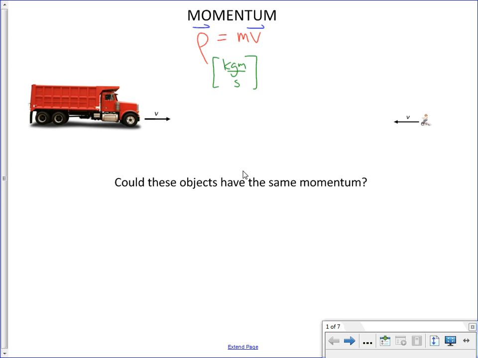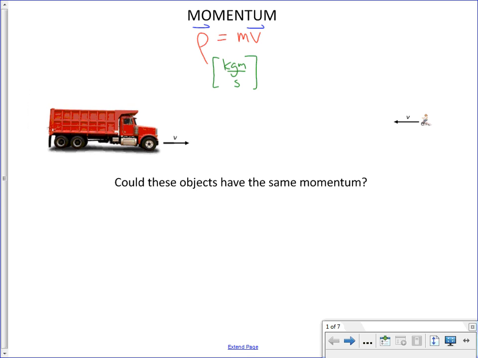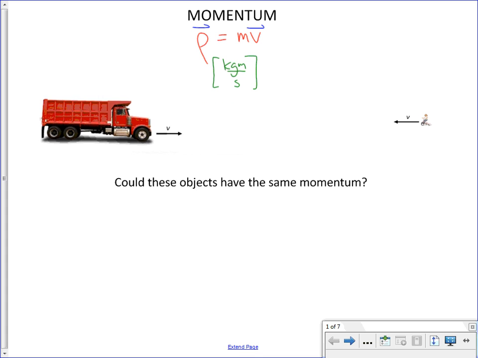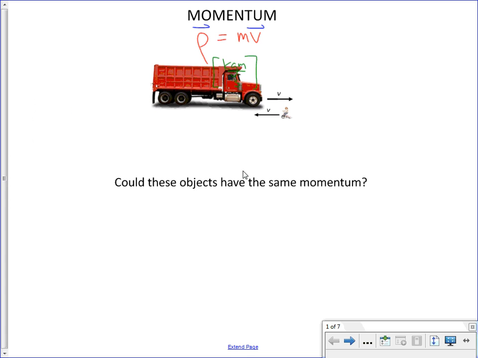So, dump truck. A dump truck, tons of mass, moves at a certain velocity, has a certain momentum. A little girl on a tricycle has a much smaller mass, moves at a certain velocity, has a certain momentum in the opposite direction. What we'll eventually talk about is what happens if these two objects interact.